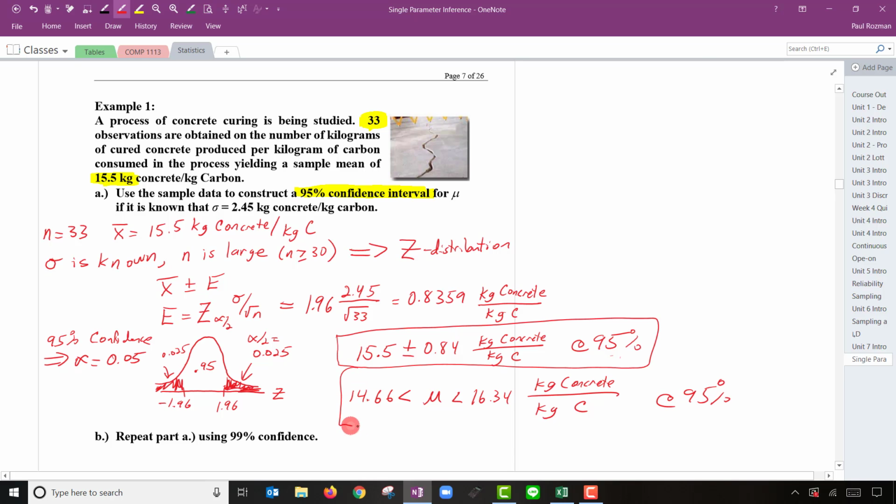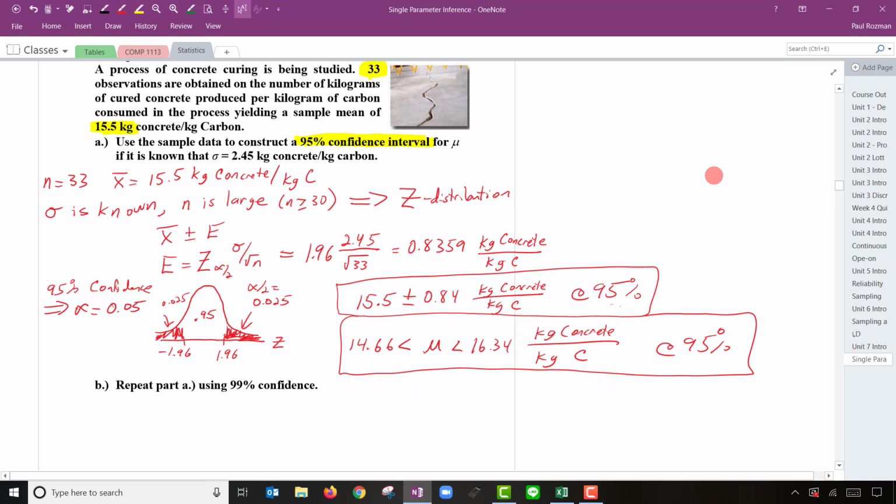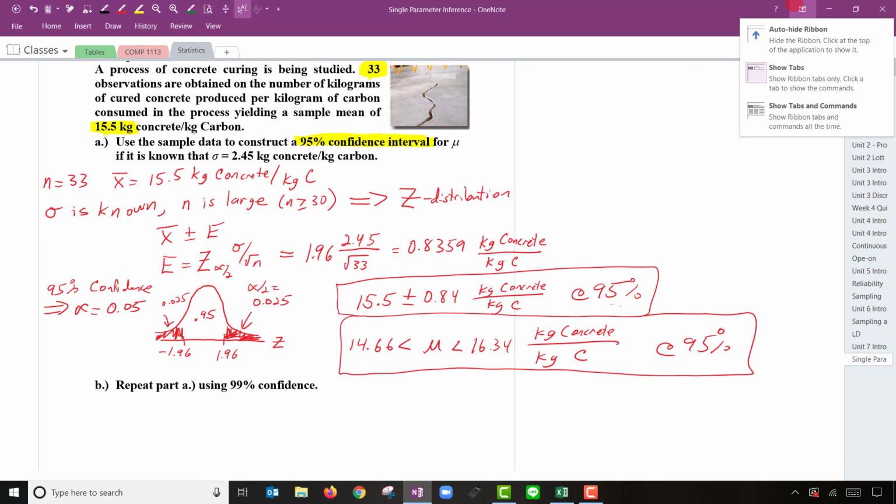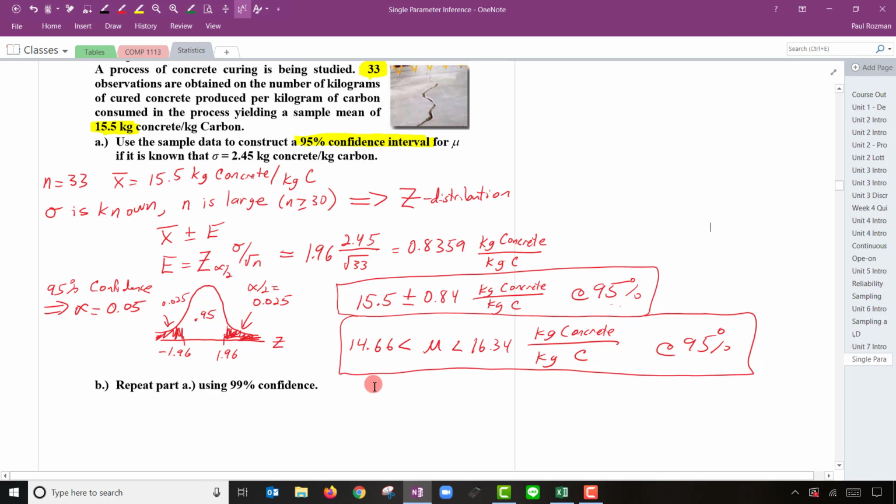So this is another perfectly acceptable way to write this. And alternatively, you could just write 14.66... maybe I should be doing some sig figs here. Maybe I should only be going to one decimal place, 14.7 up to 16.3. Again, kilograms of concrete per kilogram at 95%.